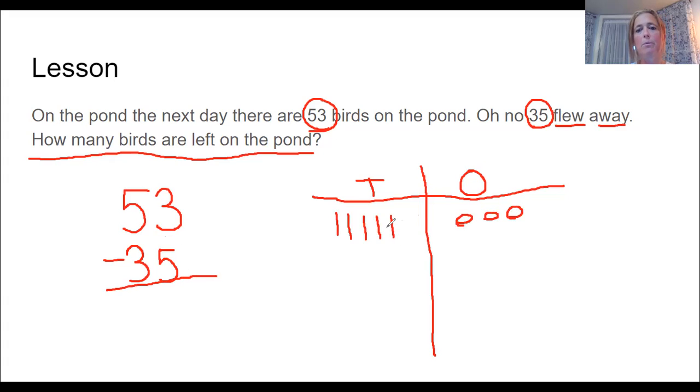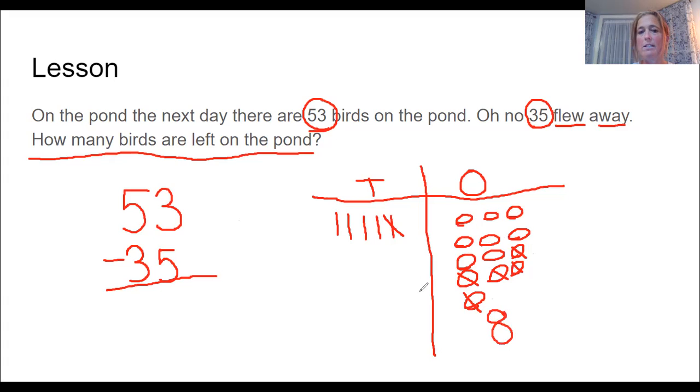So we have to regroup, which means we take a 10, and we can put 10 1s down. Now I can subtract my 5. 1, 2, 3, 4, 5, which leaves me with 8. I now have 8 1s.